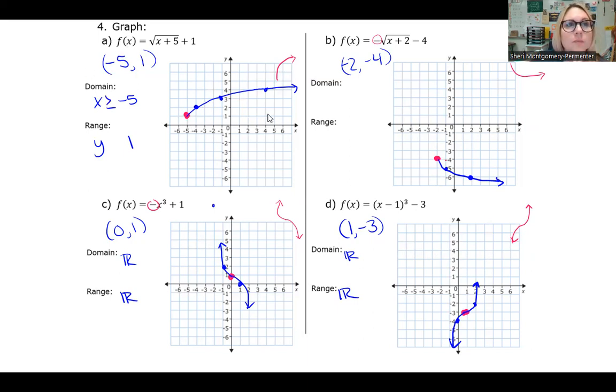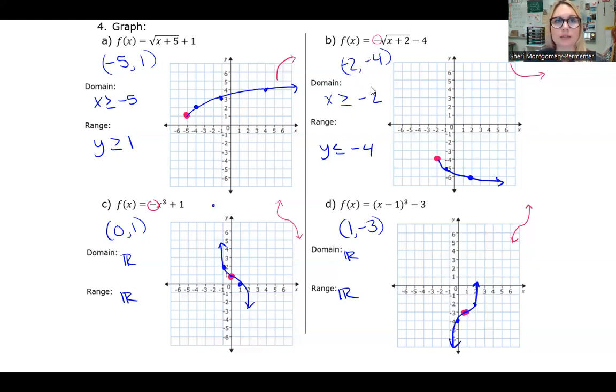The range, though, if your graph is facing up, then it's a greater than. For this one, your graph is facing down, so the range is going to be a less than. And for the domain, it's always greater than. So you just match up the values. So you don't have to wonder where it's at. It comes from these points.